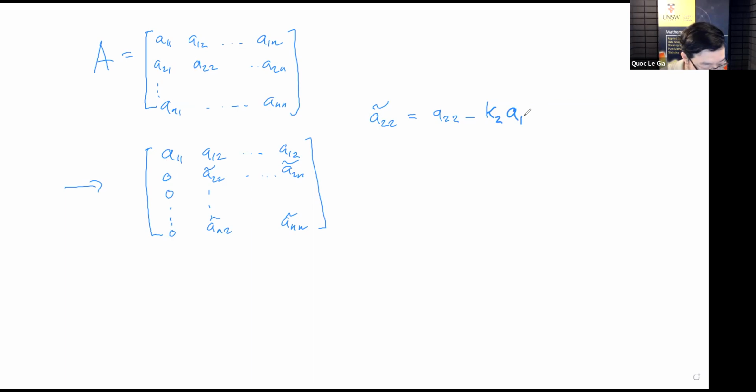times A12. So you take this and subtract some constant multiplied with these entries. And K2 here is just A21 divided by A11, and so on.